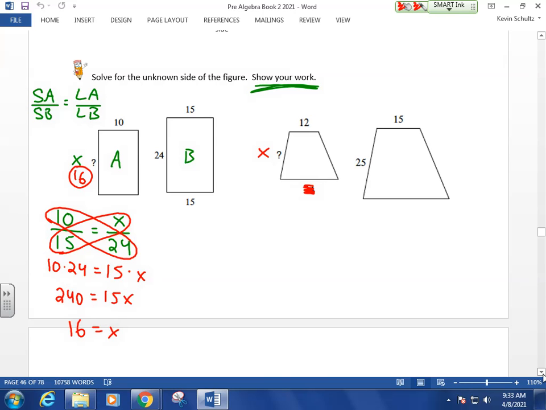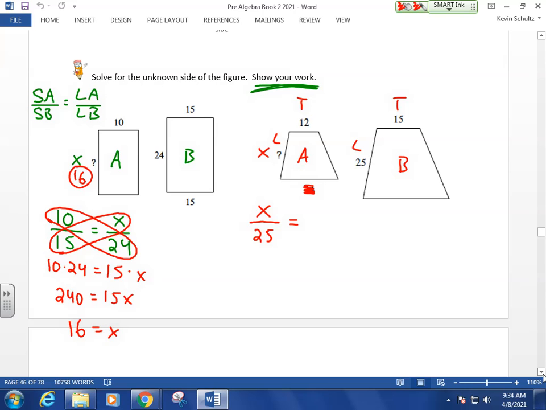And so rather than short and long, we'll use top and left, I suppose. So we have the top of each shape, and we have the left side of each shape here, right? So using method 1 again, we're lining up our lefts and our tops, okay? So the left side of shape A is what we're solving for. The left side of shape B is 25.